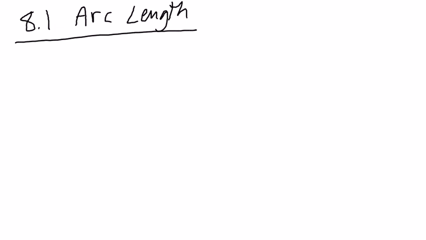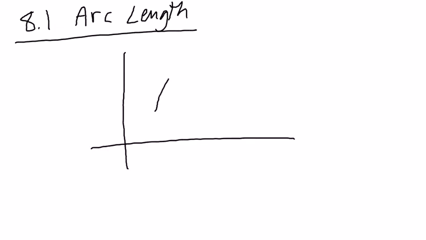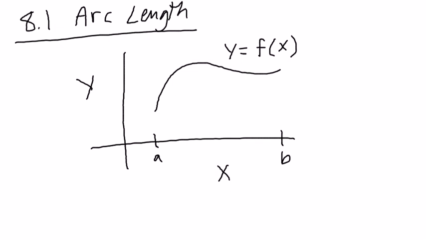So what we're going to try to do is let's say we have a curve going from A to B, and this is x and this is y, and we'll say that y is some function f of x.